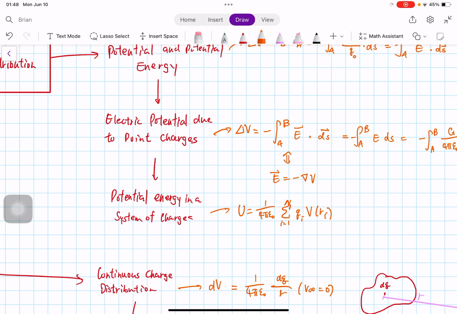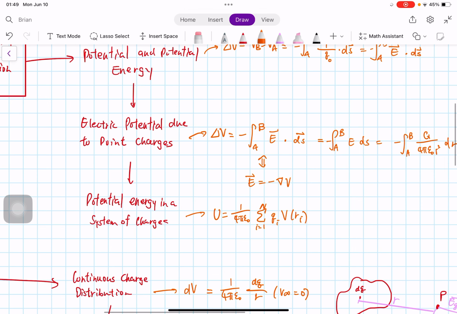Then we can move on to the next concept, which is the potential energy of a system of charges. What if we have 2 or 3 charges and we're trying to calculate the potential energy the system has? Again, if we take infinity as the reference point, the potential energy would basically be the sum of the potential energy between each pair of charges.